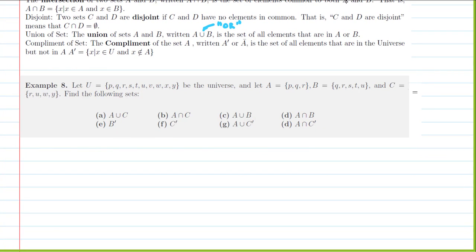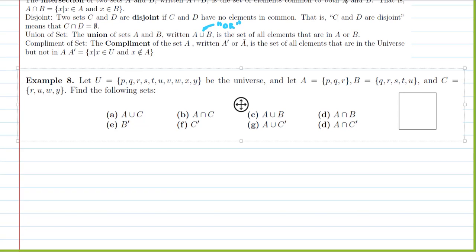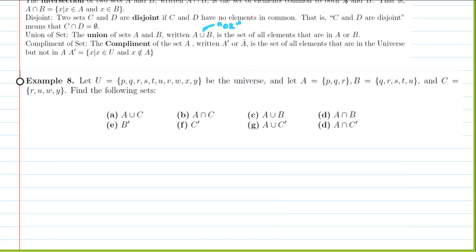So let's let our universe, or the set of all possible elements, be P, Q, R, S, T, U, V, W, X, and Y. Then A is the set P, Q, R, B is the set Q, R, S, T, U, and C is the set R, U, W, and Y. We want to find the following sets.